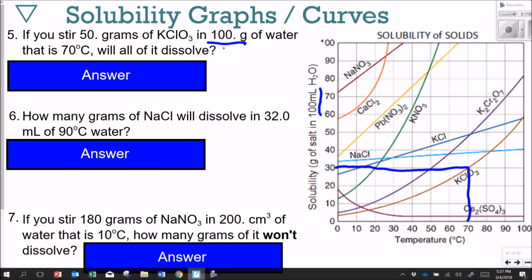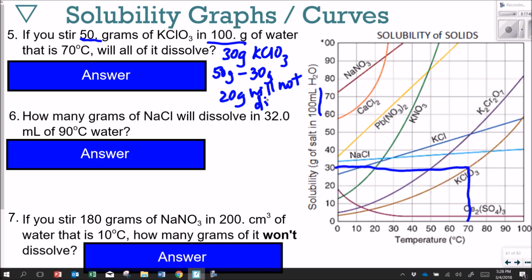So at 70 Celsius, 30 grams of KClO3 will dissolve. So if I have 50 grams, I have too much, and not all of it will dissolve. So if I do 50 minus 30, 20 grams will not dissolve.